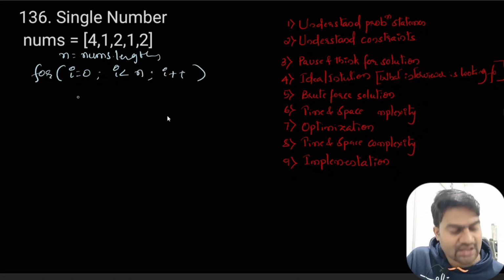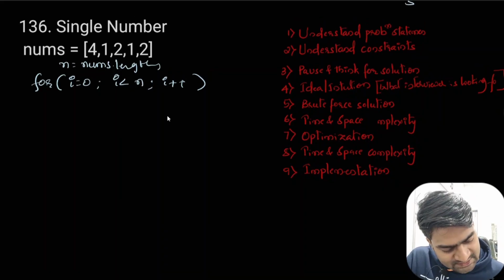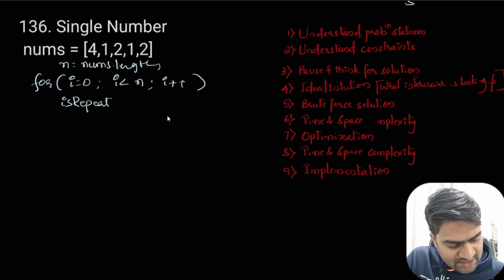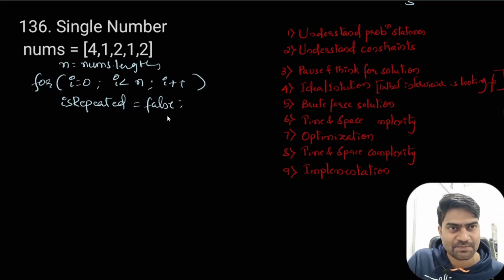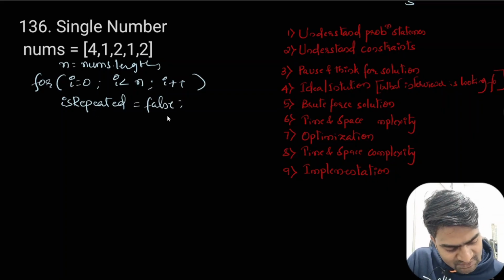Then I will have to take one more for loop so that I can scan the remaining elements. Before that, I will take a flag called repeated, and I will say it is false initially. We will use this flag further, and we will see how we will use that.